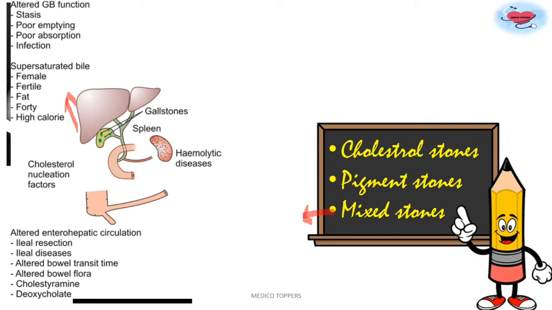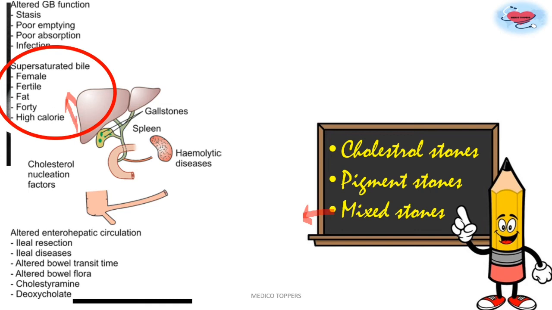And next comes an MCQ. Triple F or 4F leads to the risk factor. They are the risk factors: female, fertile, fat, 40 years. So this is the risk factor for gallbladder stone formation. So this is common in fat, fertile, 40, flatulent, female.